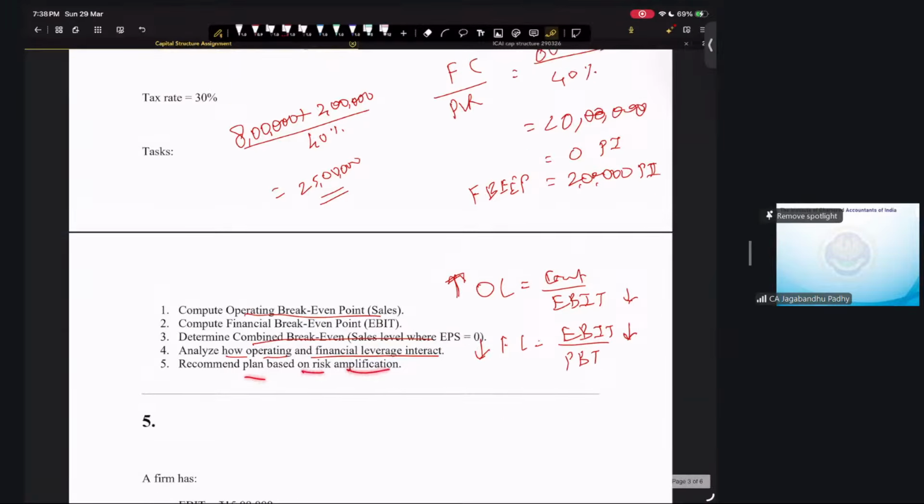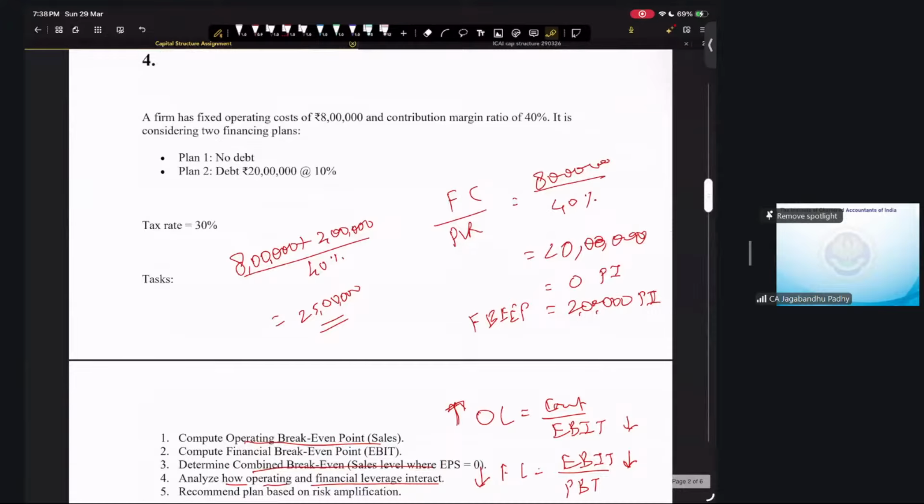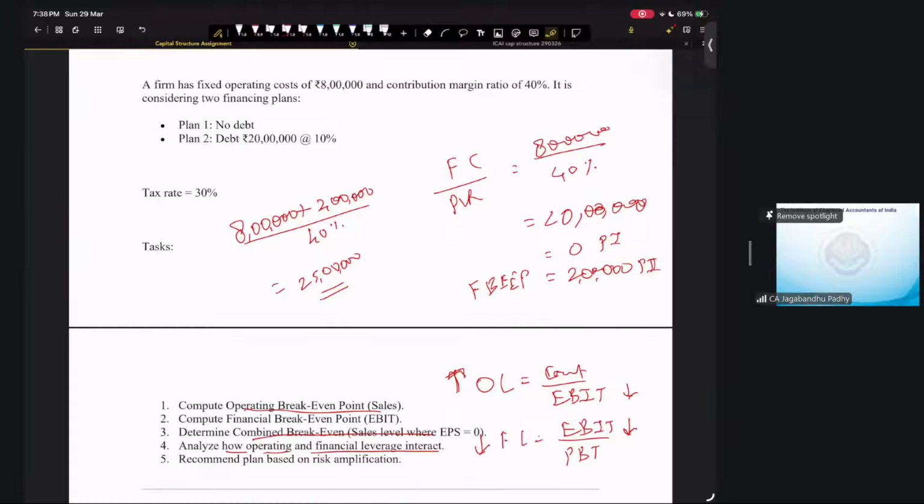Recommend plan based on risk amplification. Now, if it is to be considered from a risky point of view, since you're already operating, the operating break-even point is 20 lakh and financial and operating combined is 25 lakh.